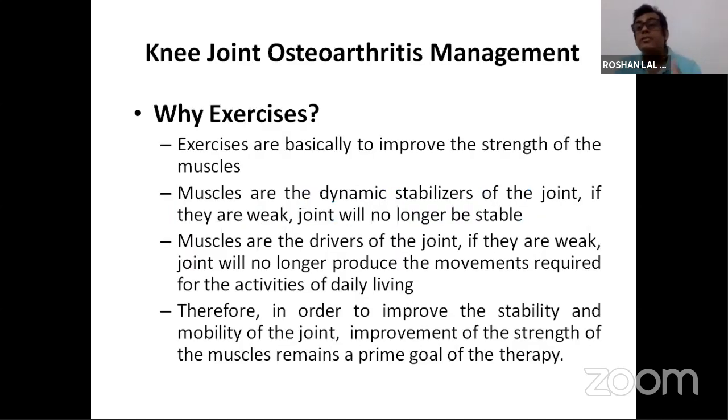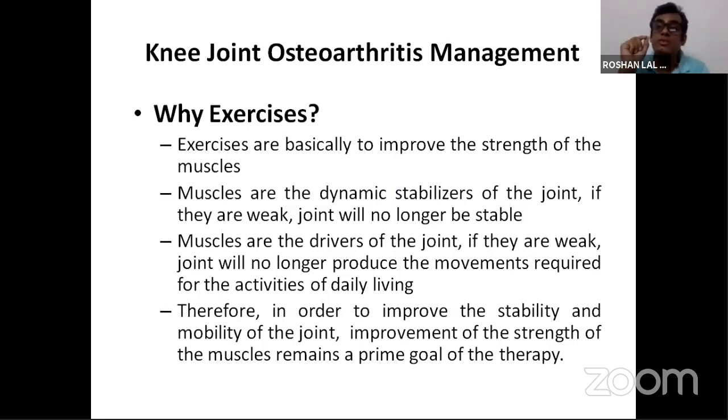Now, to rehabilitate the patient, why are exercises given? Exercises are basically to improve the strength of the muscles, because muscles are the dynamic stabilizers of the joint. And if these muscles are weak, the joint will no longer be stable. As I told you earlier, that stability should be there.